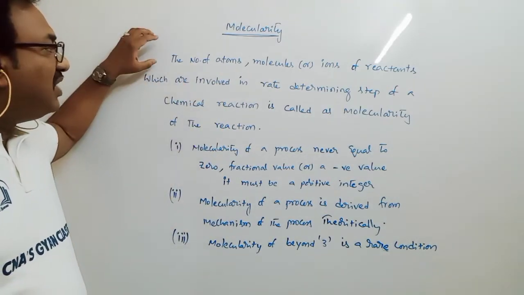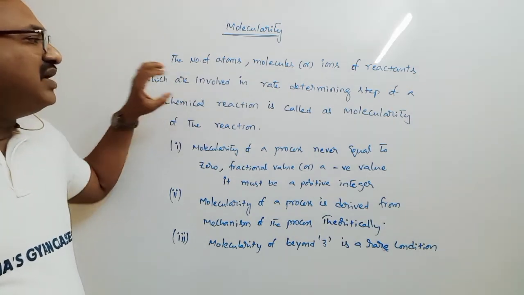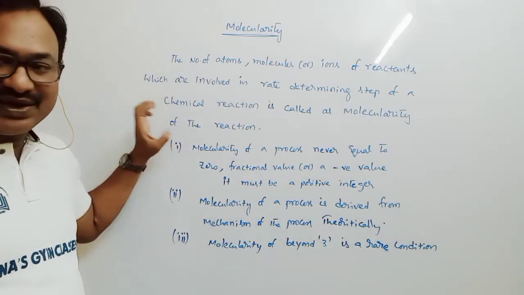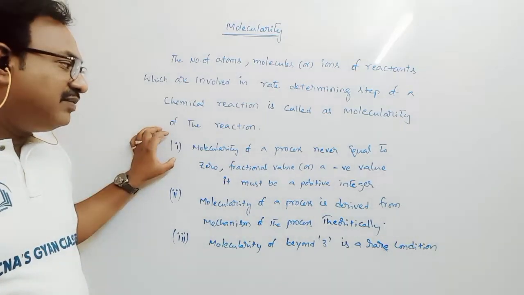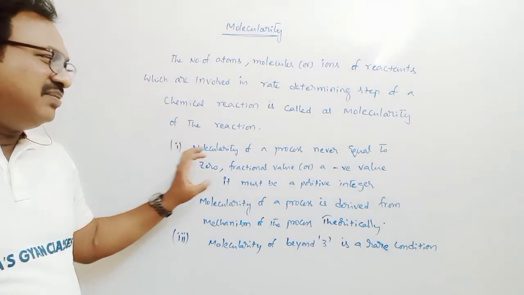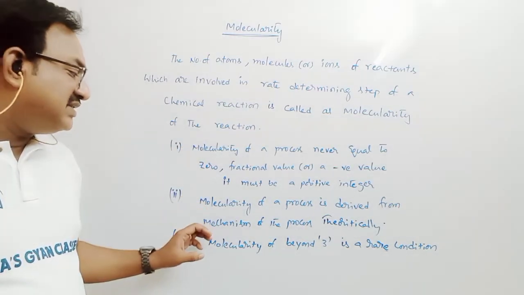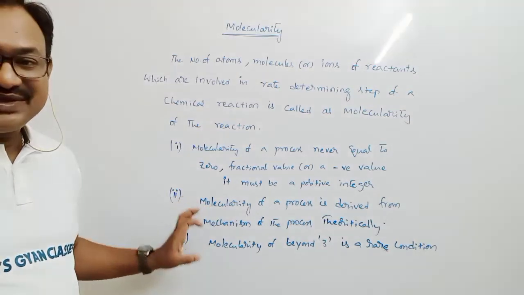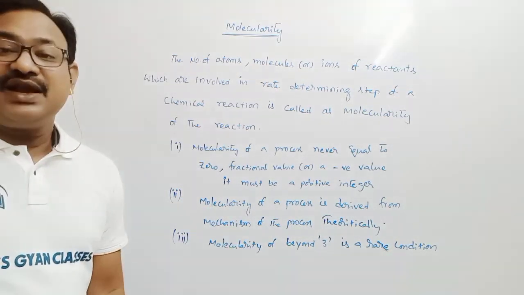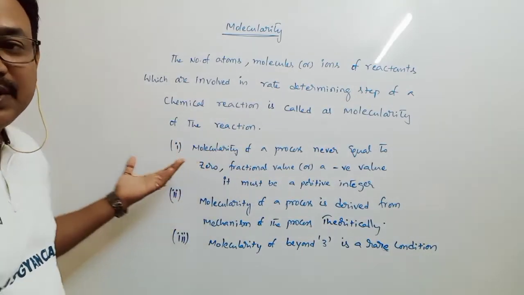The number of atoms, molecules, or ions of reactants involved in the rate determining step is called molecularity of the reaction. It never equals 0, a fractional or negative value. It must be a positive integer. It is derived from the mechanism theoretically. Molecularity beyond 3 is a rare condition. That's about molecularity.